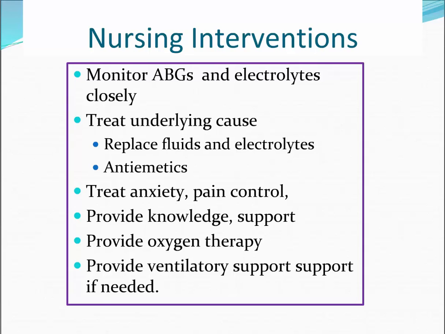As far as GI suctioning, sometimes there's not much you can do about that other than replace the electrolytes, but consider, is this NG tube needed? Could we work toward clamping it and seeing if the client can tolerate not having the tube? Something that you might consider. If it's a respiratory issue where their respirations are increased because of pain or anxiety, certainly medications to address those issues would be appropriate. And also non-pharmacological approaches to address those issues as well.